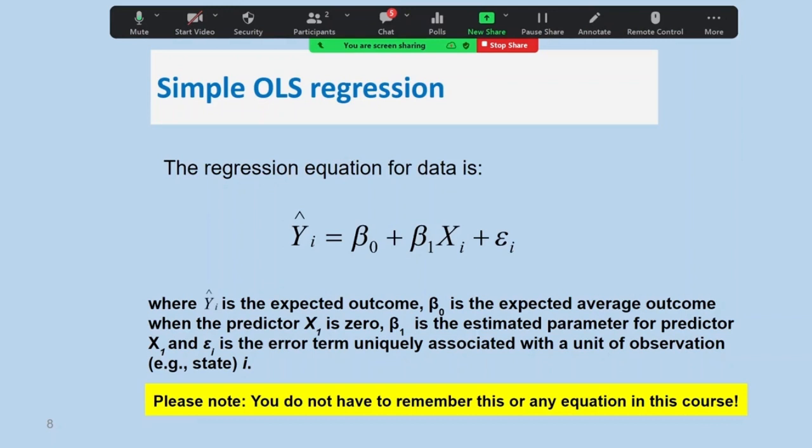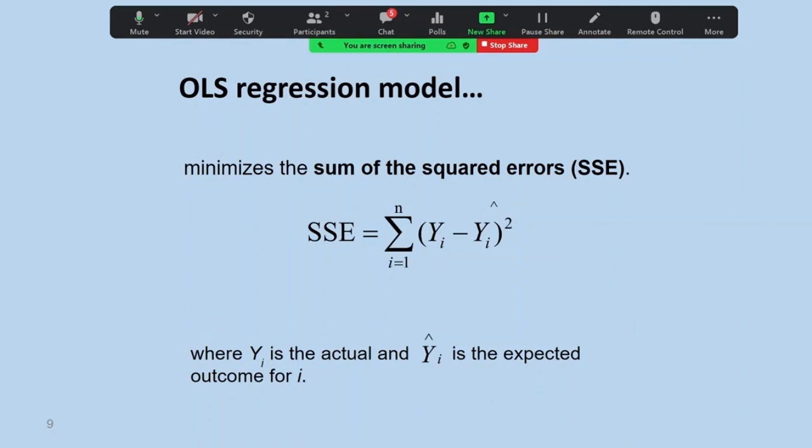Again, you don't have to remember this. Then the sum of squared errors is this equation. Again, y subscript i is the actual, and y hat subscript i is the expected. That's the actual, that's the expected, what's left over, error, squared, okay?